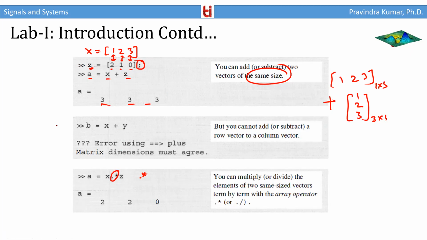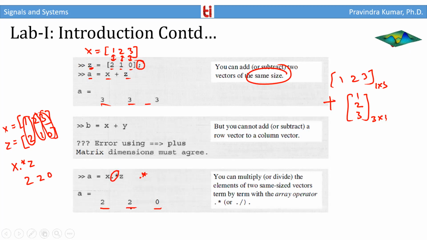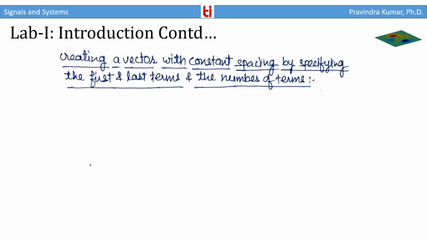So x is here 1, 2, 3, and z is 2, 1, 0. If you apply x dot z, what will it be? It will multiply corresponding elements: 2, 2, 0.